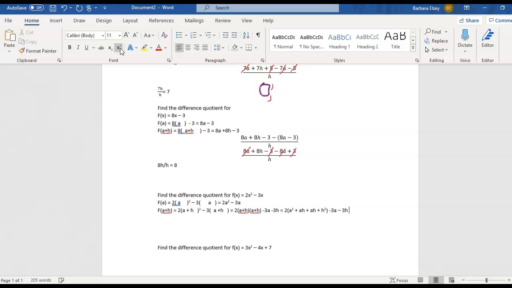Now let's go ahead and distribute the 2 through those parentheses up front. So 2a squared, 2ah, 2ah, 2h squared, minus 3a, minus 3h.